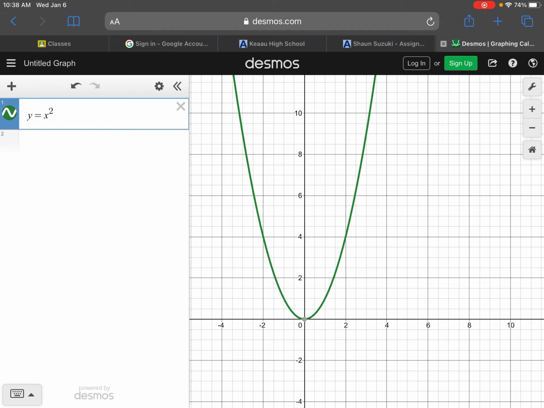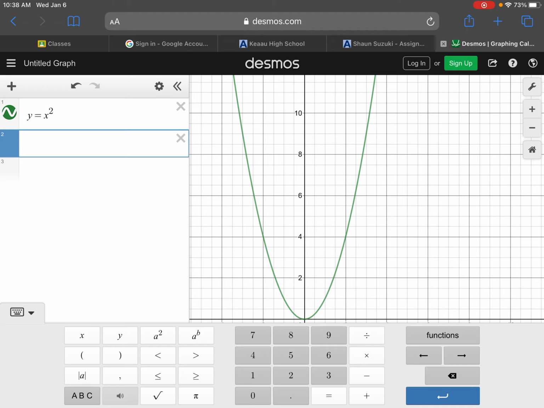All right, so what we're trying to do is find the slope. Let's find the average rate of change. Let's say we want to add a line there.